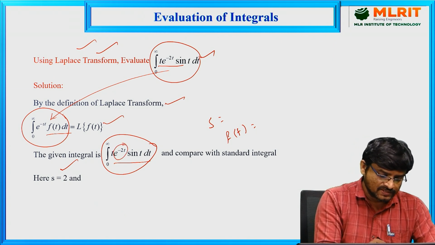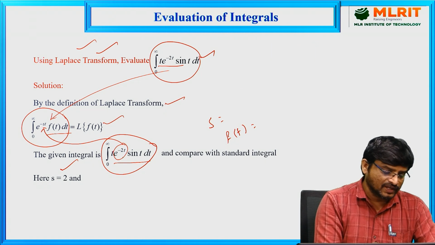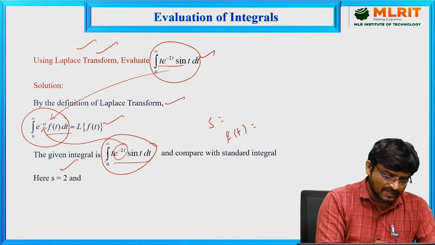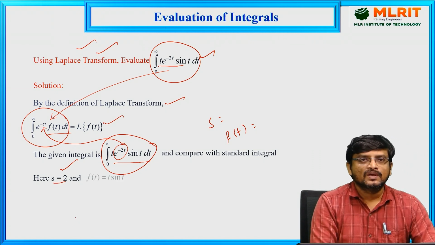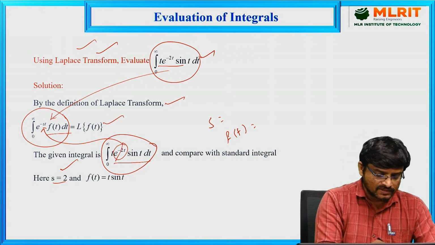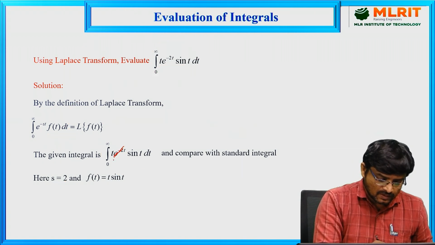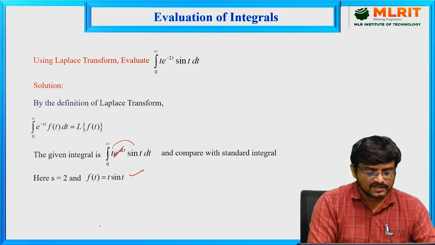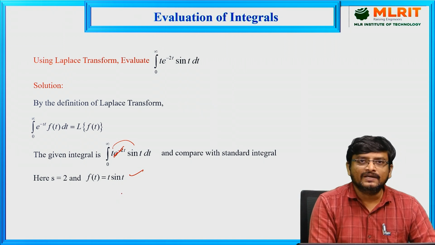Compare the power of the exponential, take the coefficient of t excluding the minus, so in place of s we have 2, so s is equal to 2. For f of t, neglect the exponential function, and consider the remaining function as f of t. So here f of t is equal to t sin t.